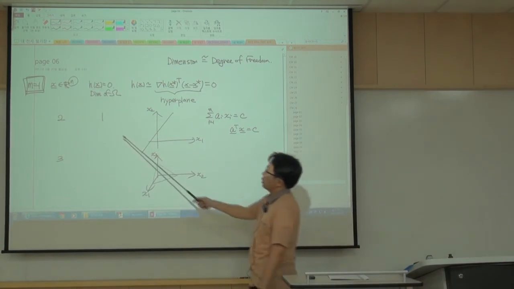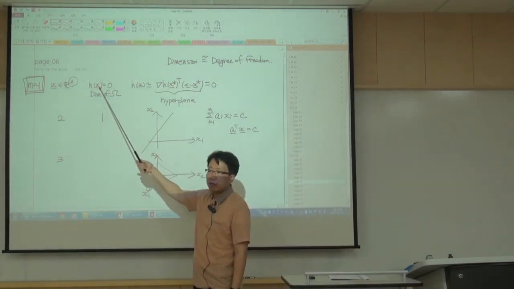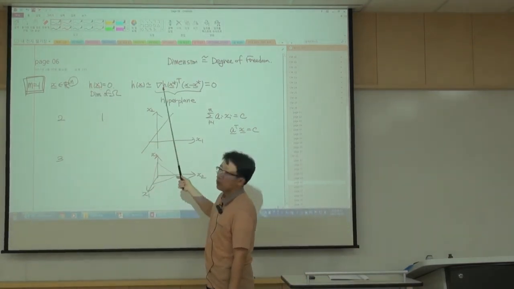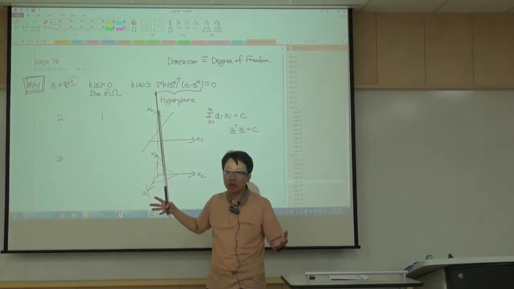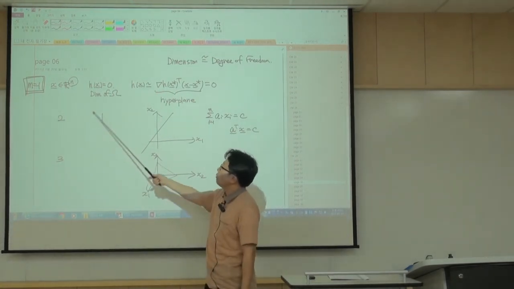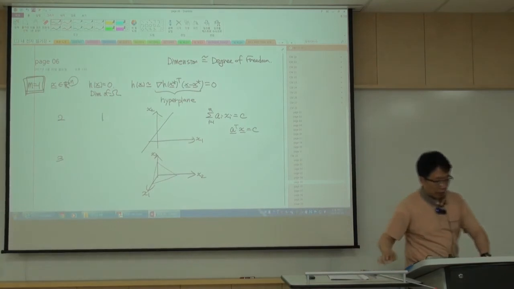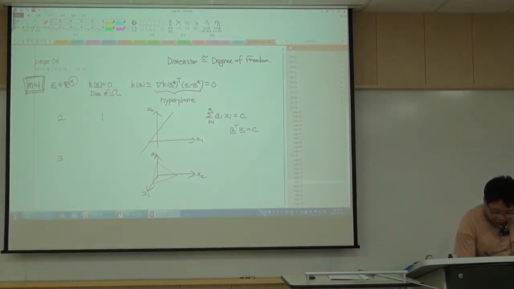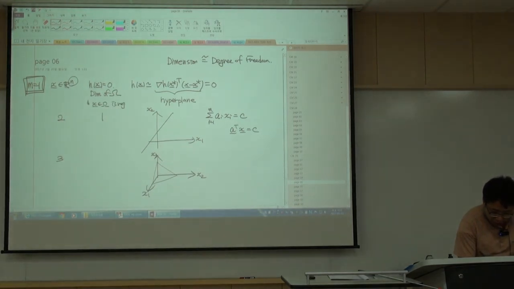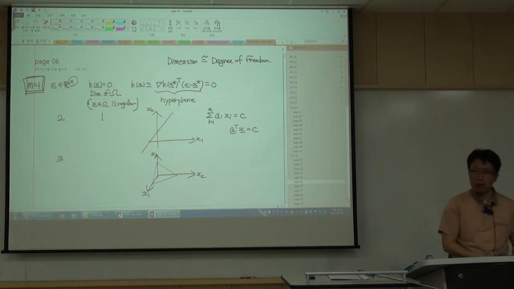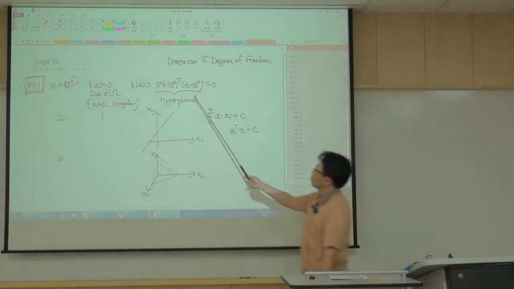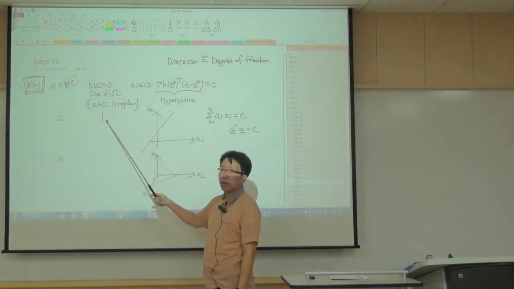Of course, at some x star, the gradient may be 0. In that case, it's not a straight line. So in order to claim this one, I may have to say that every x in omega is regular. Special case. Okay? In the special case, the first order approximation has dimension 1.